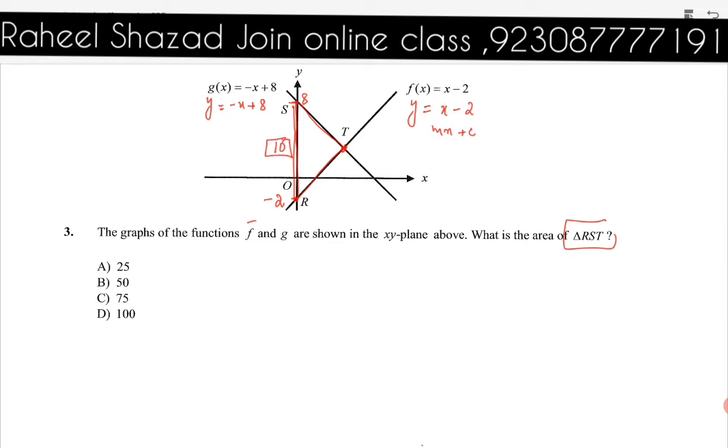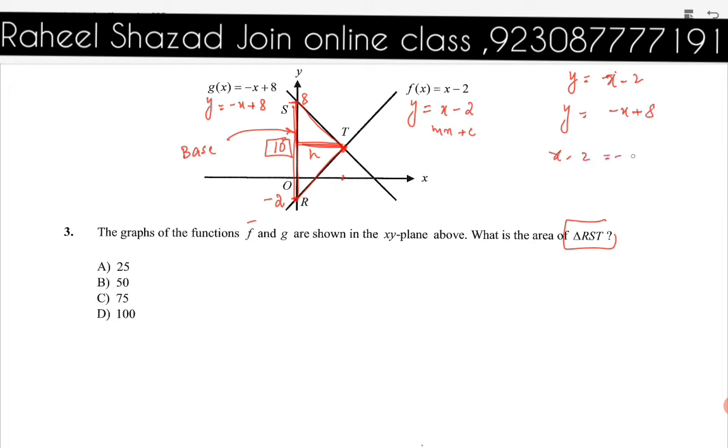Secondly, T is point of intersection of these two lines, so we want to find its area. Now what I'm going to do is I'm going to take this SR as base, and I'll try to find x-intercept of T, that will be height of the triangle, so that will help me to find area. In order to find x coordinate of T, we need to solve these two simultaneously. y equals x minus 2 and y equals minus x plus 8.